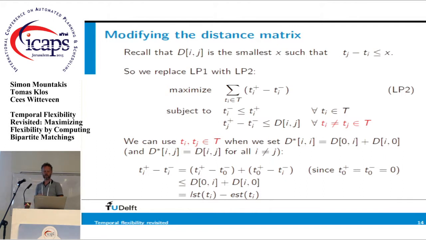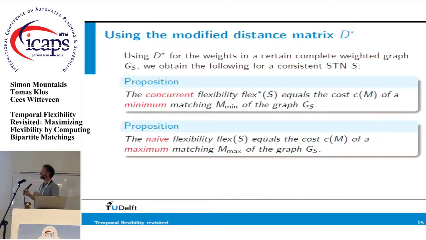And then it turns out that using this D star, the values in that matrix as the weights of a certain weighted complete graph that you can specify, you can do essentially the same computation of the naive and the concurrent flexibility metrics by computing matchings in this graph. I just put the results here on the slide, and of course the details are in our paper.